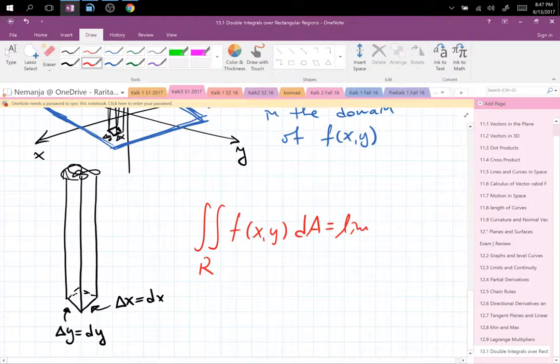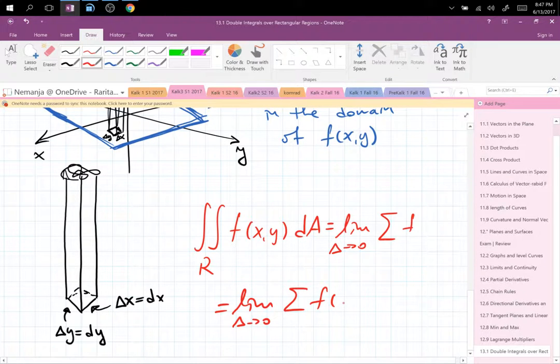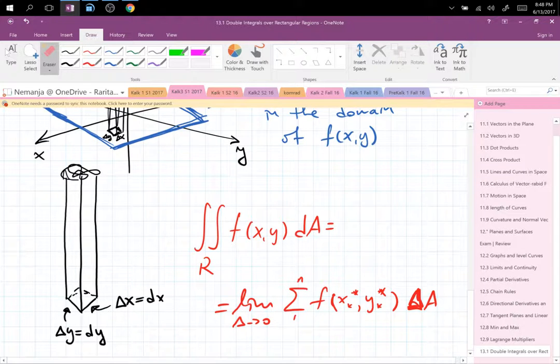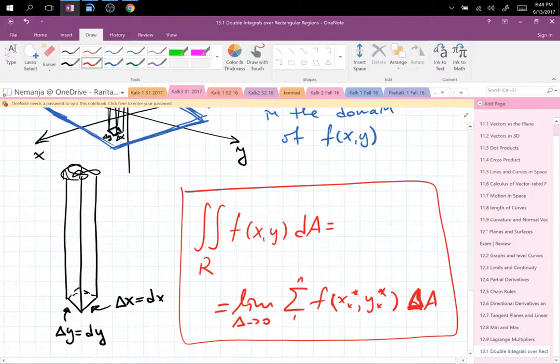It clearly has to be the limit as delta goes to 0, of the summation of f of x k star, y k star, which are just the locations of these French fries, times delta A. As you can see, the definition for the integral is identical to what you had in Calc 1, except now, instead of having f of x, you have f of x and y.